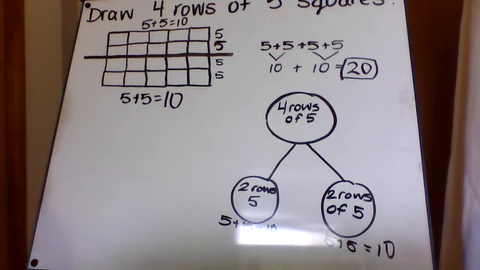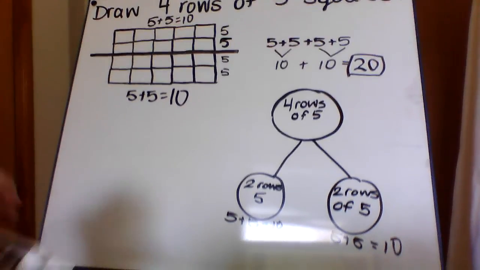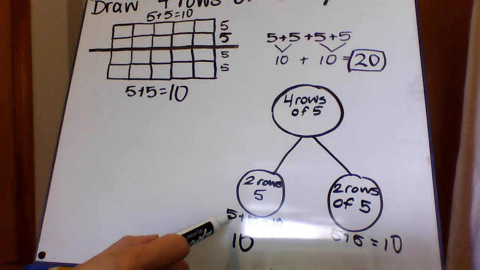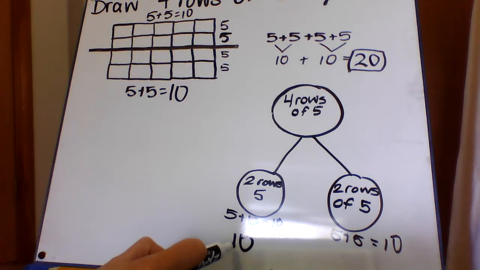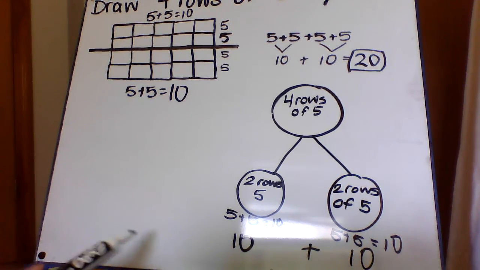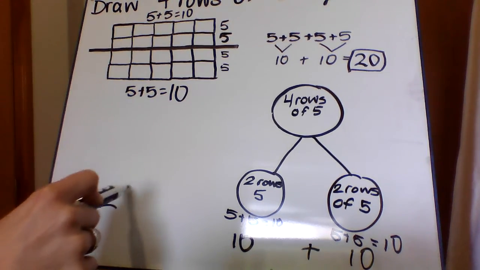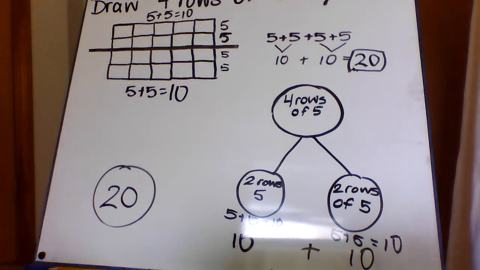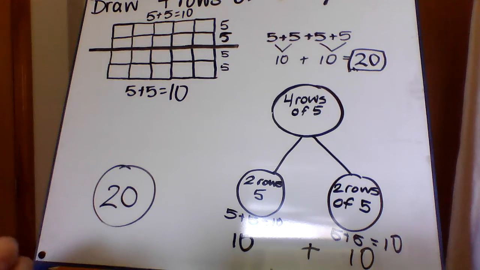If we're going to do 10, which is what we got, we got 10 here and 10 here. We do 10 plus 10. You ladies all know that 10 plus 10 is going to give you 20, which is the same as what we got up top. So you're still getting the same answer. You still have the same amount. We just decomposed it. Okay, and now I'm going to do the other problem.